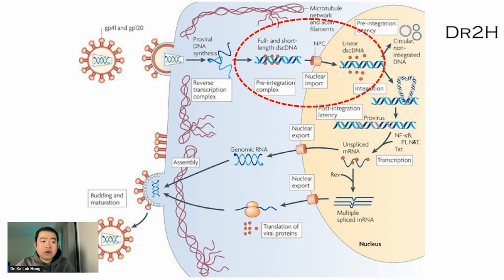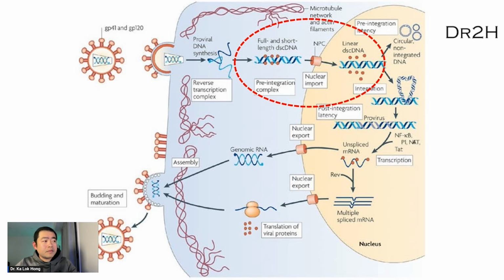The DNA then forms a complex with viral integrase, an enzyme that can integrate the DNA into the host genome, along with other proteins. And this entire complex enters the host cell's nucleus, where the human DNA is, for later integration.